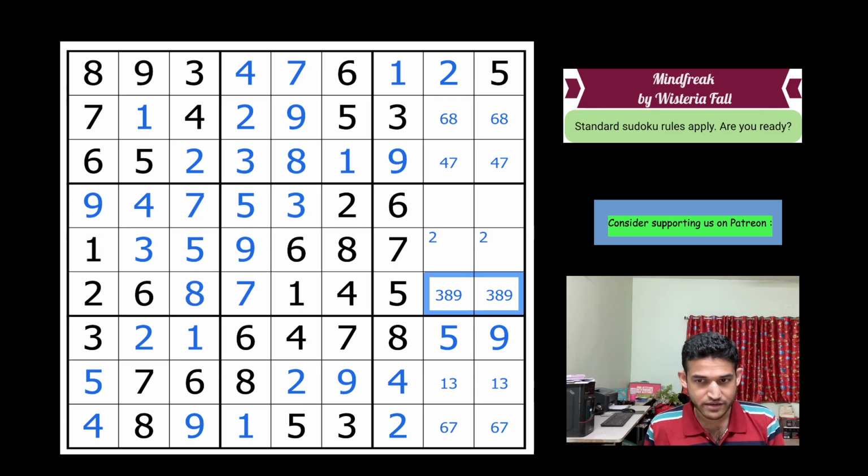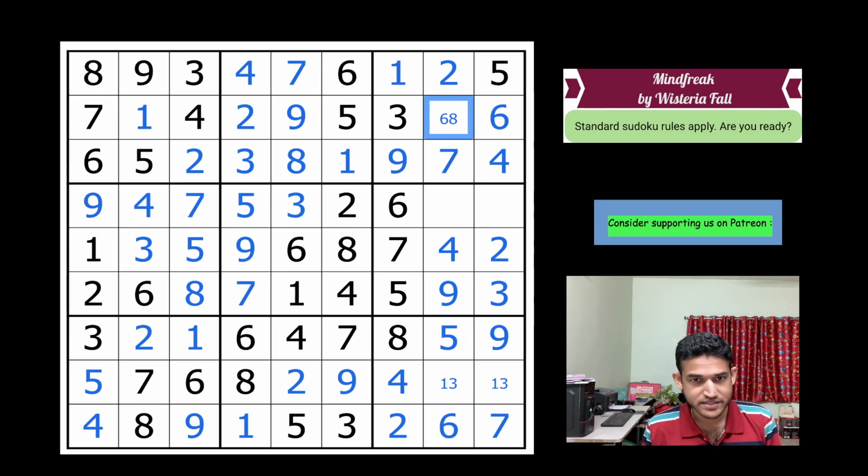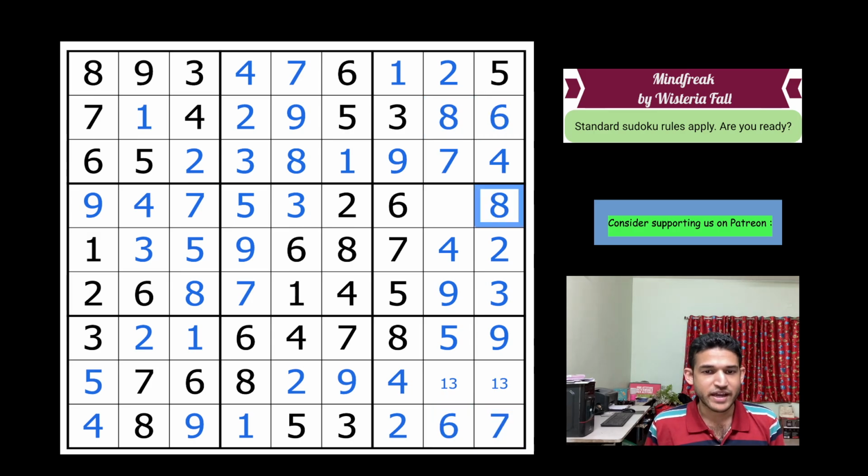This will be a 3, 9 for the row, and that means this is 3, this is 9. Okay, this will be 2, 4 for the row, and that can be instantly resolved. That's a 4, 2. So 4, 7, 7, 6, 6, 8, 8 and 1, and 1 and 3.